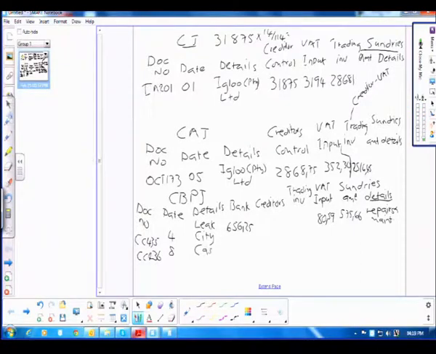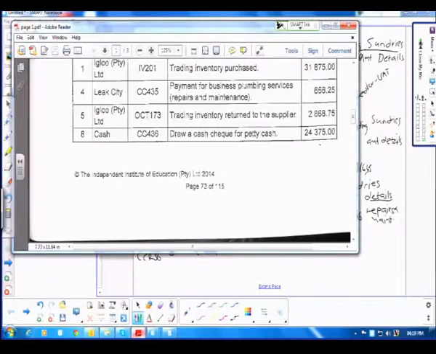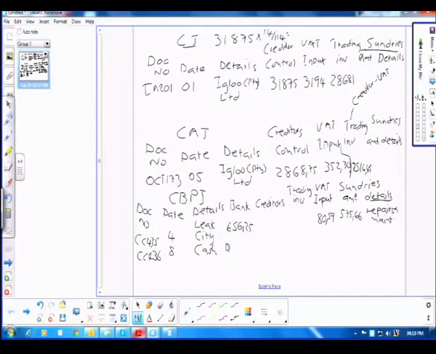So your details is cash. Because you are just exchanging a check for cash, you just put the amount in the bank column. How much is it? 24375. You don't calculate VAT.